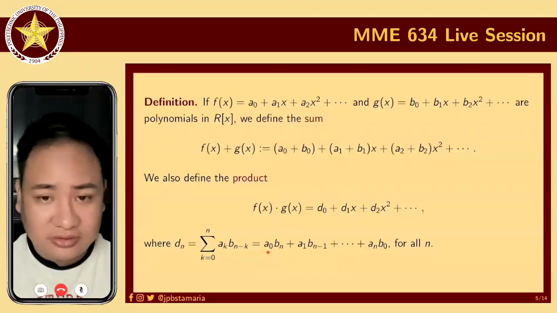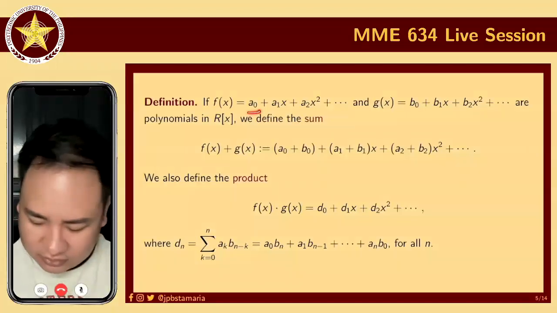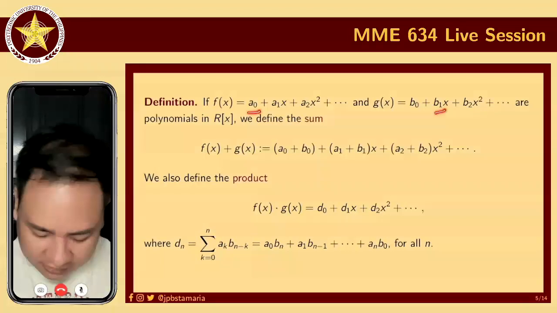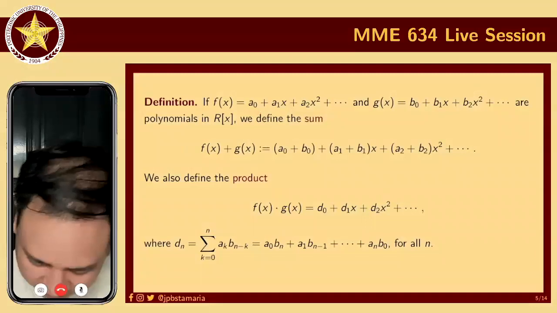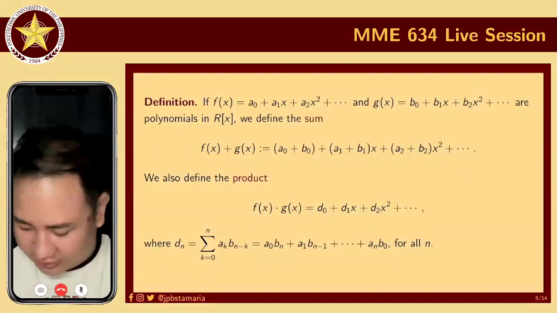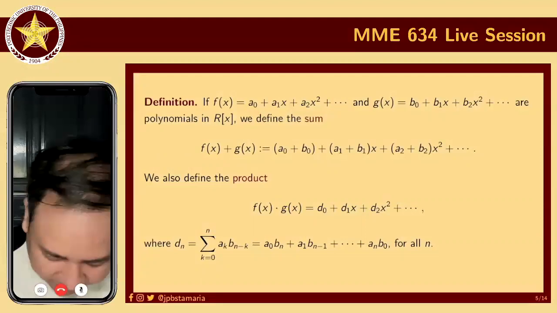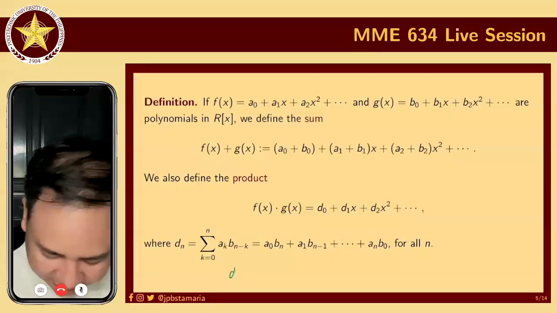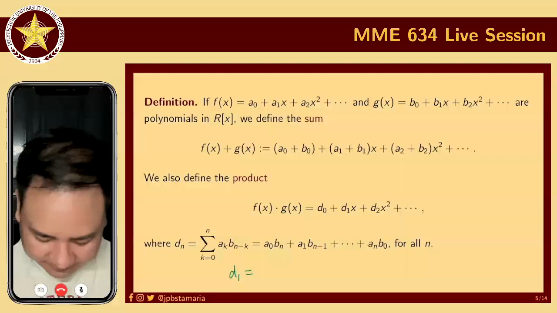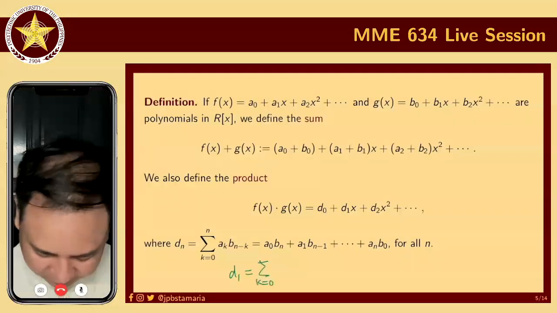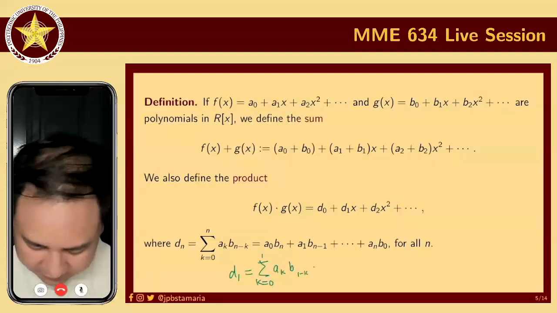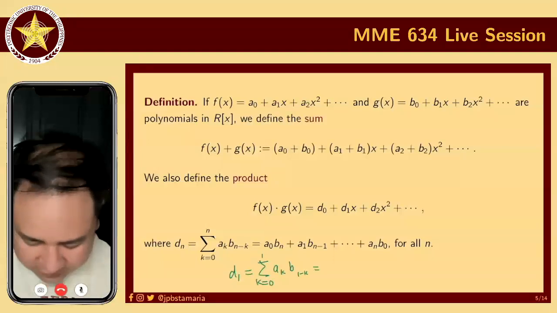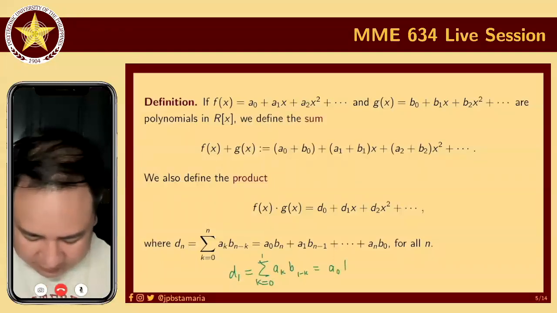First term, A0, B1. Ibig sabihin, kinuha ko to. O, ganito. Magbigay tayo ng specific na example. Halimbawa, I wanted to get D1. How do I get D1? 1 minus k ito. So, ang first term, A0, B1.